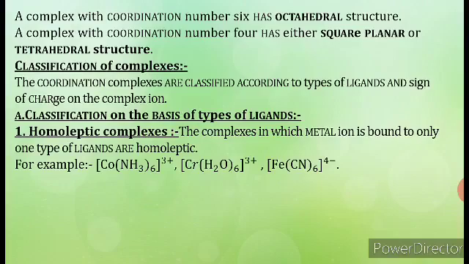It has only one type of ligand, cyanide. So all such complexes in which only one type of ligand is present inside the coordination sphere, binding with the central metal atom or ion through coordinate covalent bond, are known as homoleptic complexes. Is it clear? Homoleptic complexes, very easy.